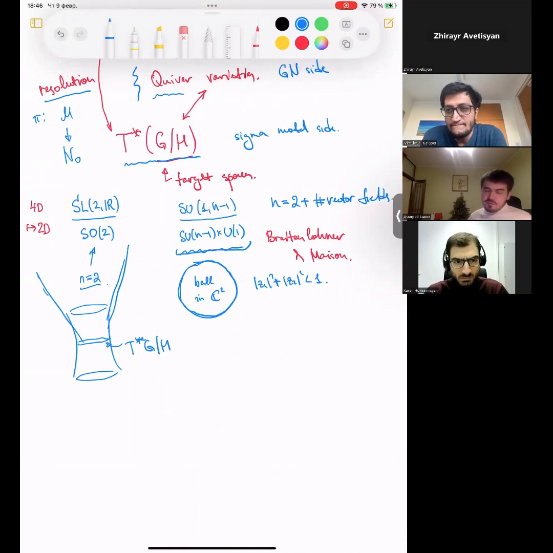There's some classification of which orbits can be resolved, but when the resolutions exist, the resolved manifold is not a quiver variety. The quiver is only for the singular case, except for AN. In AN, it works both ways, both resolved and unresolved. So it's some fine thing.